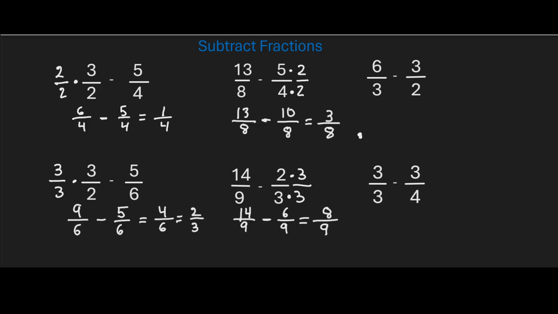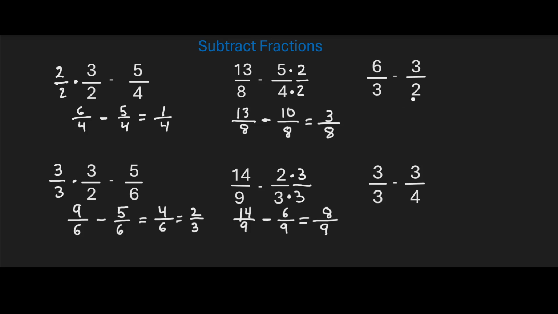And now to do the next one, sometimes we have to multiply both fractions. That would be this case. Can you see that there is no other number that I can multiply 3 with so that I can get 2? And the same thing is going to happen with number 2. I'm not going to be able to find a number so that when you multiply it, you get 3.